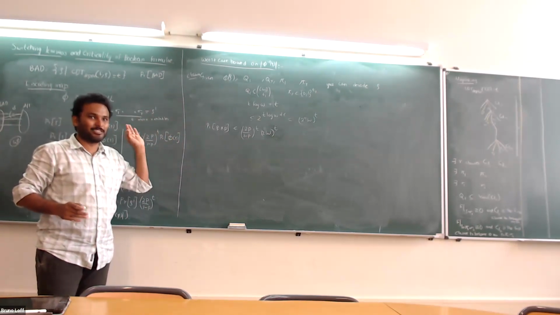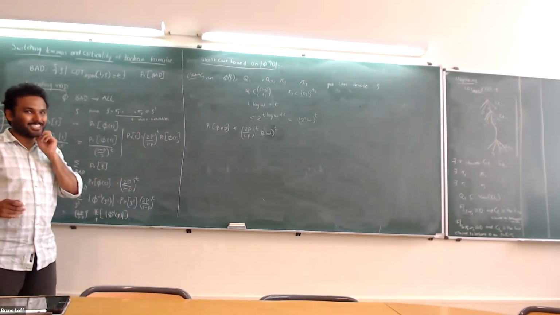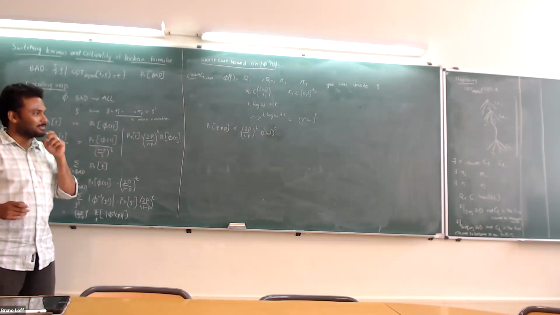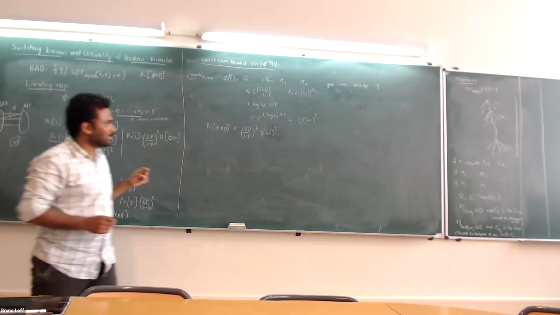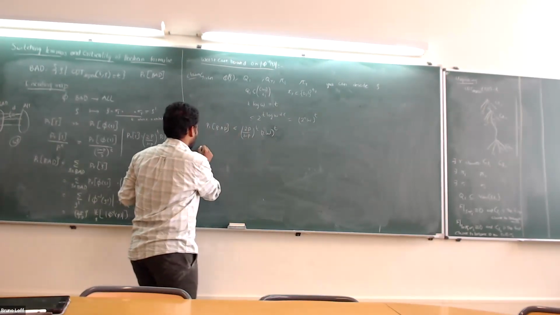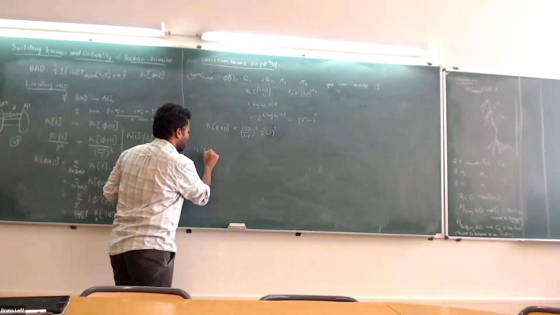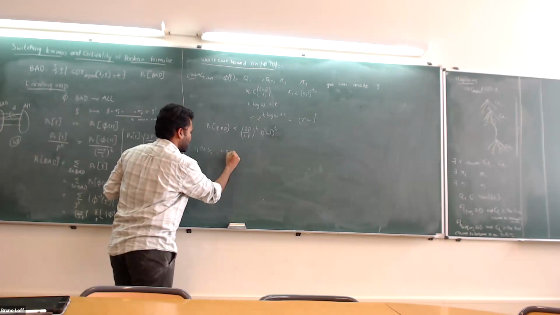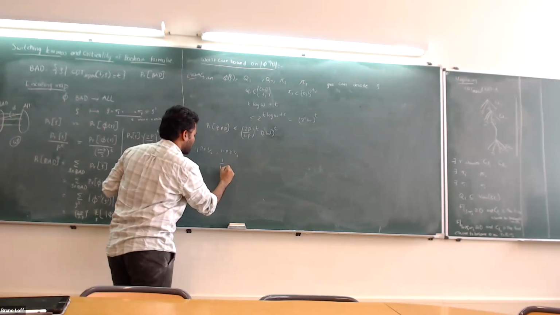And Hastad gets optimum numbers. Depends on W. Sorry, P is smaller. So if P is less than half, 1 minus P is greater than half, and 1 by 1 minus P is less than half.